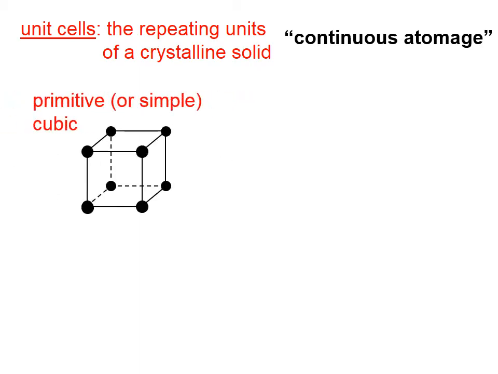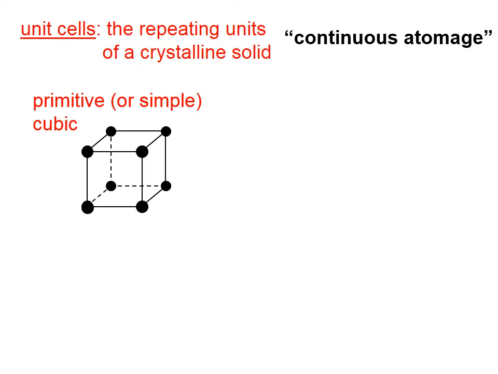The primitive or simple cubic, which has an atom at each corner. This box that I've shown here, if we want to count up how many atoms are actually inside that box, if we look at one of these atoms, the one in the upper left and in the front, with a little thought, you can convince yourself that only 1/8 of him is inside the box. He's been bisected by three planes.